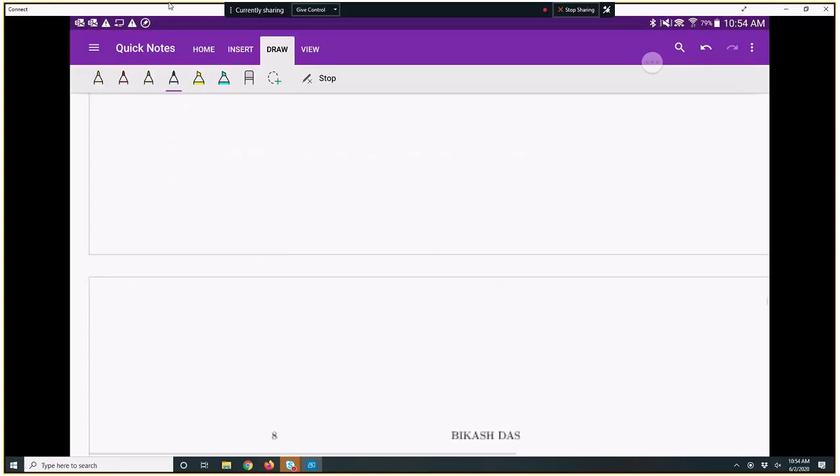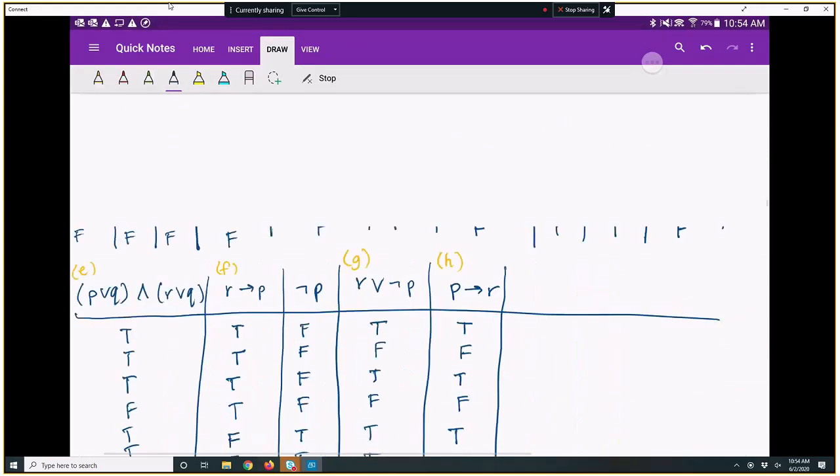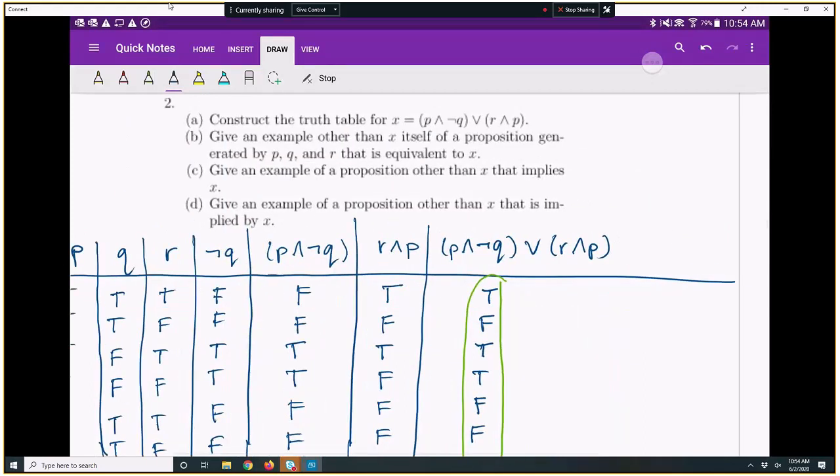So let's go back up now and look at question 2, which we skipped, part C and D. So give an example of a proposition other than X that implies X. Well, it should be any contradiction because a contradiction implies any proposition.